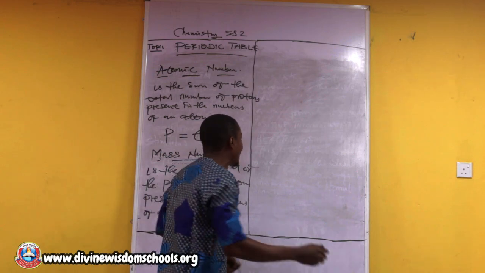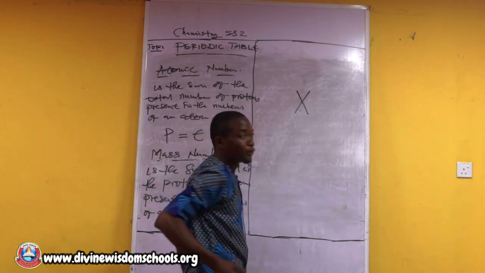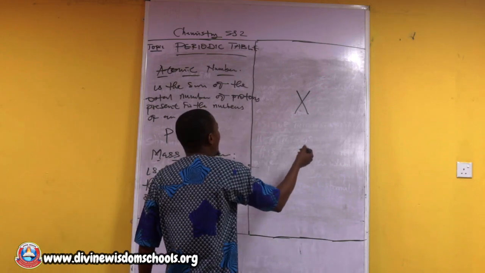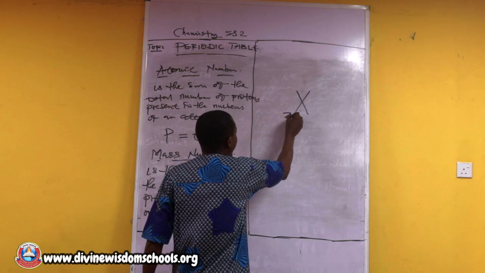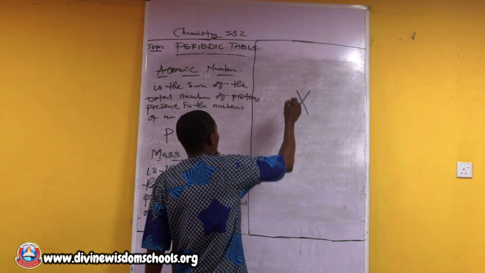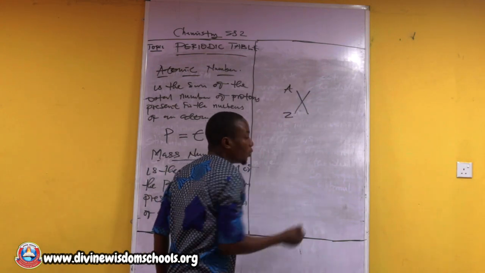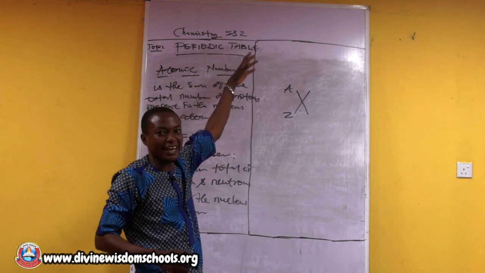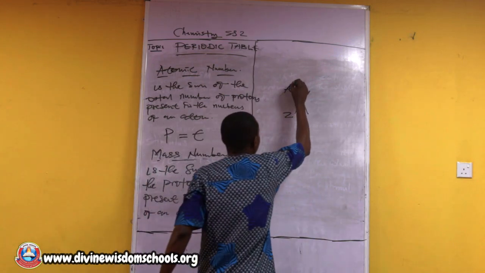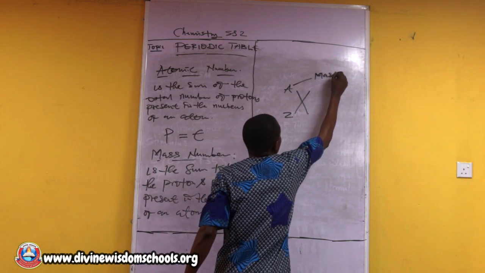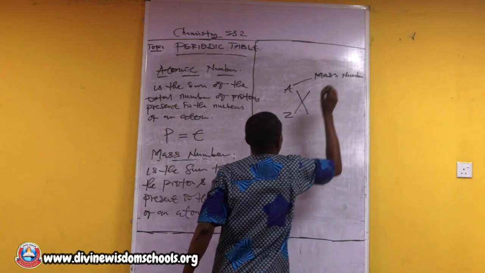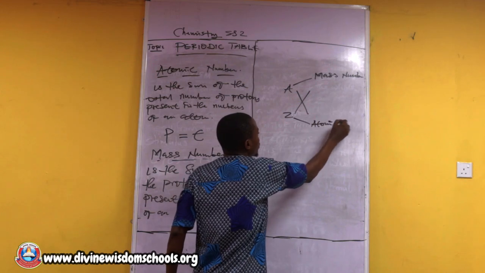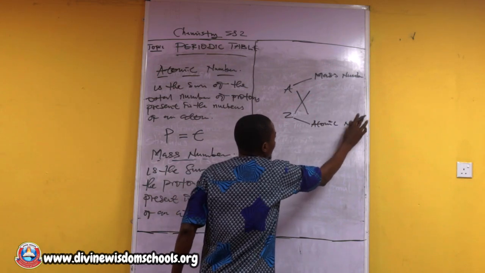Assuming we have an atom X, according to Henry Moseley, let the atomic number be Z, and let the mass number be A. Therefore, the mass number is the number that is written at the top left-hand side of the atom. So we can just put it there. This is the mass number, and this is the atomic number.